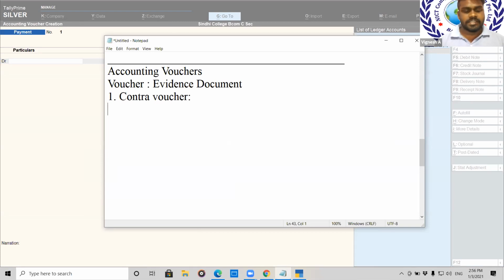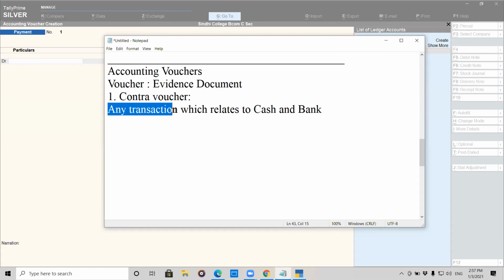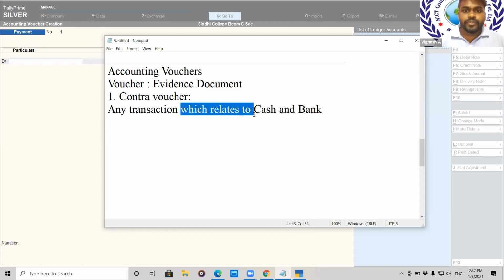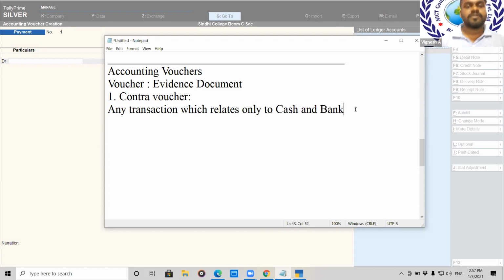Everybody follow this. Any transaction which relates only to your cash and bank account will come only in your contra voucher.